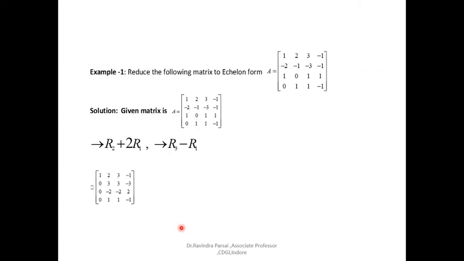Let me show an example. How will you find an echelon form of a given matrix? The strategy for finding the echelon form of a given matrix is as follows. 1 2 minus 3, this is our matrix.